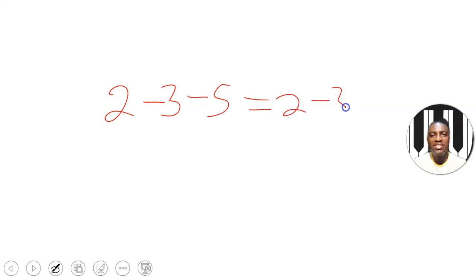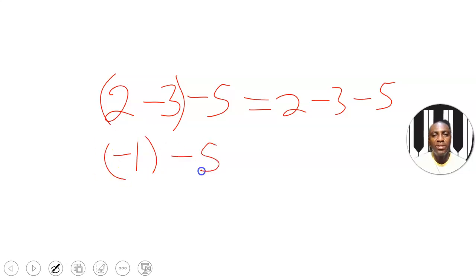But look at it from here. If I do the same thing for, let's say, 2 minus 3 minus 5, the same thing I've written, but then I'm going to do the operation. Here I want to do this one first, and that will give me -1, then minus 5 here.